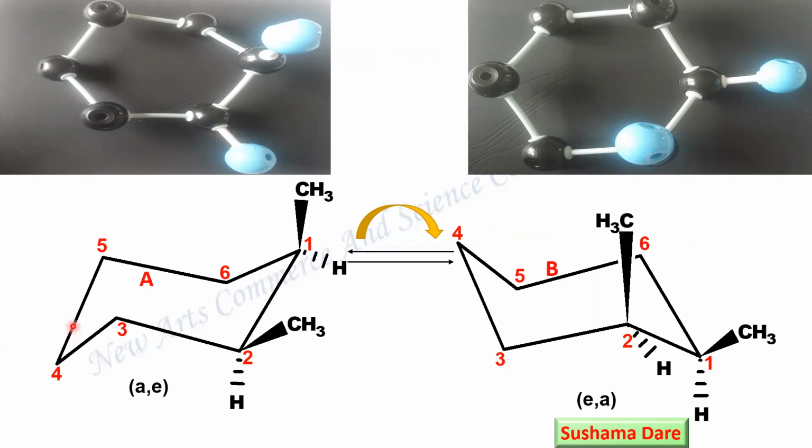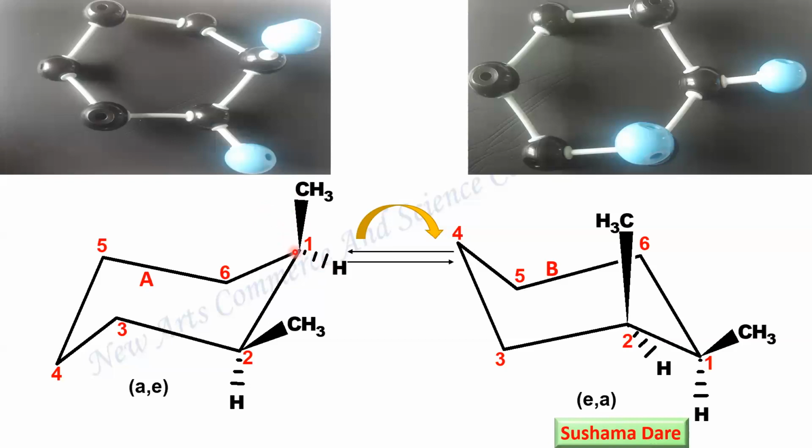Now, as we already discussed in the previous example, this 6-membered ring exists in the chair conformation. As there are two possibilities, one is this bond and another is this, that is one axial bond and one equatorial bond on every carbon.